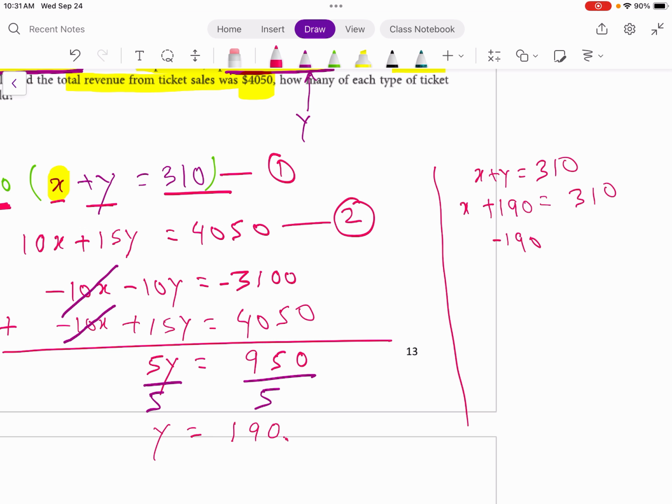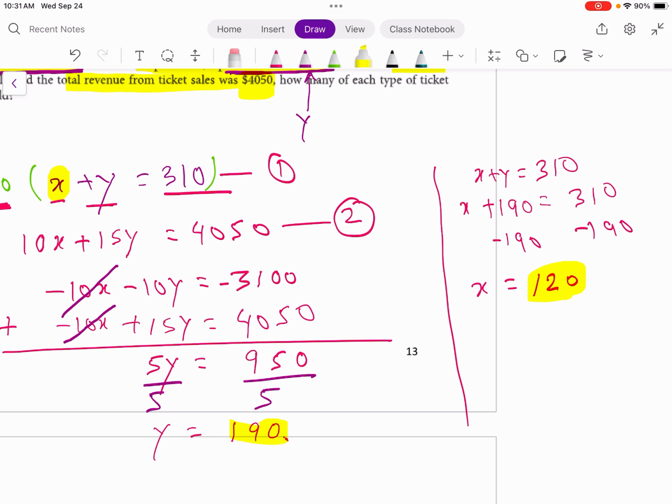You subtract 190 on both sides. X is equal to 120. So we sold 120 tickets in advance and 190 tickets at the door.